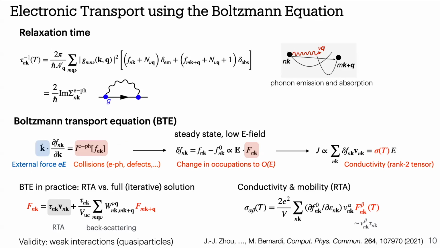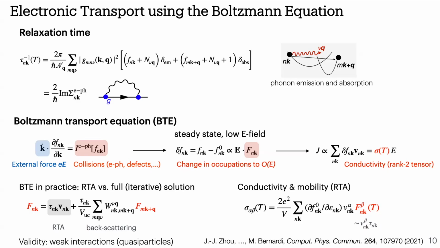So with early calculations that you could do with DFT, you would be able to access the band velocity. But then to compute the transport properties, you would need to assume some kind of constant or energy-dependent relaxation times, which was either used as a fitting parameter or estimated based on some model.